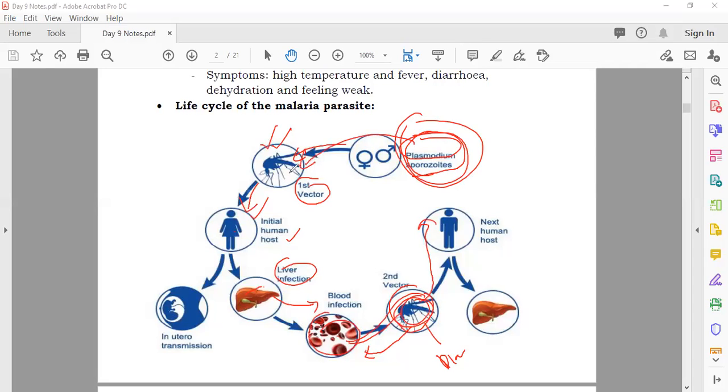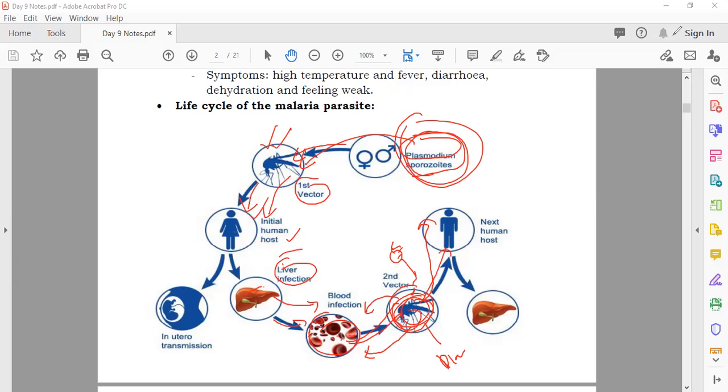This mosquito bites a human, and inside the human it goes to the liver where it can reproduce very quickly. Then again it goes to the bloodstream, and then a fresh mosquito, which does not have plasmodium before, bites that human who is already infected by plasmodium, and it will take the plasmodium from that human and transfer it to another human. So this cycle goes like this.